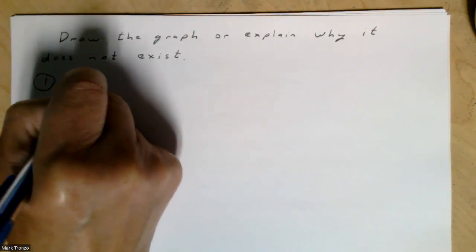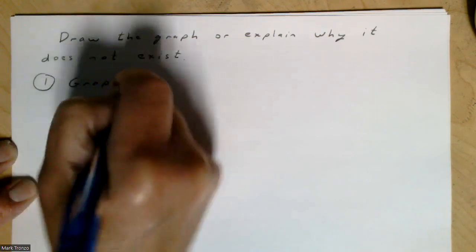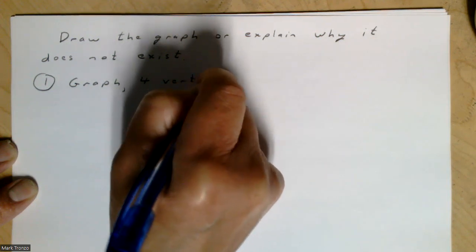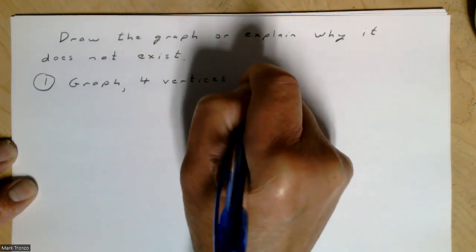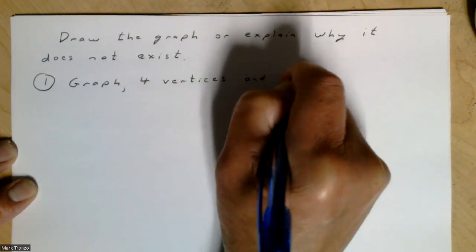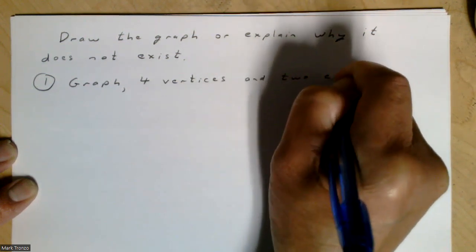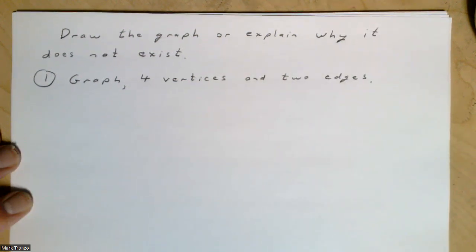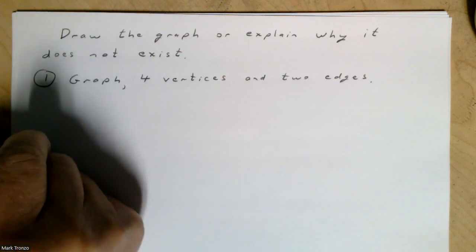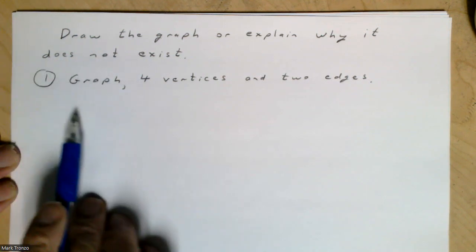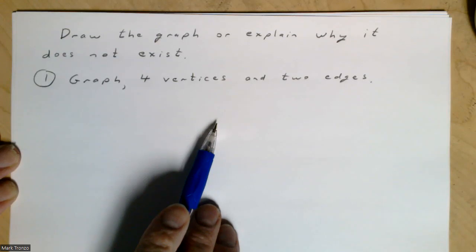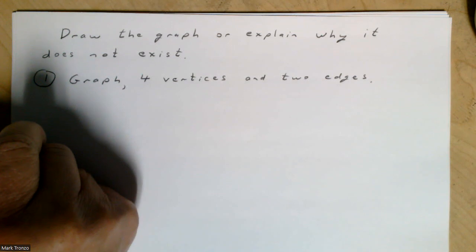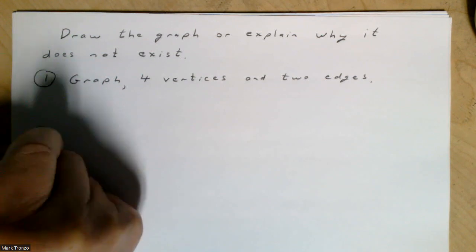So number one, say you have a graph with 4 vertices and 2 edges. So is it possible to have that? And if it is, go ahead and draw the graph. If it's not possible, explain why it's not possible using, say, some of the theorems we've looked at so far.